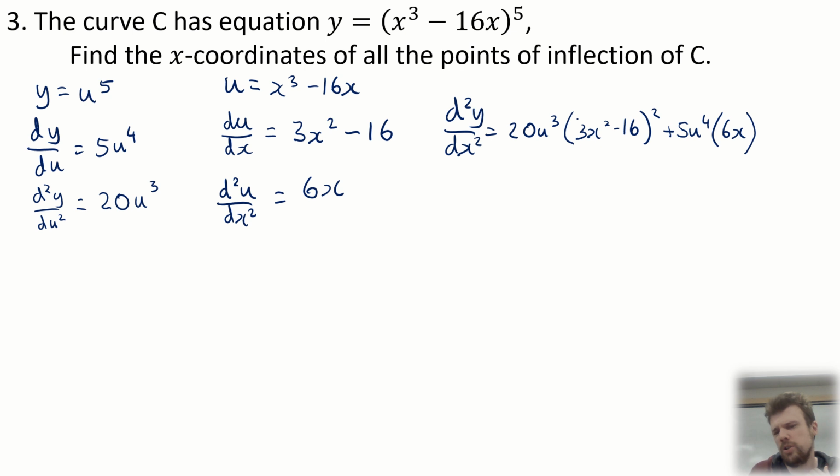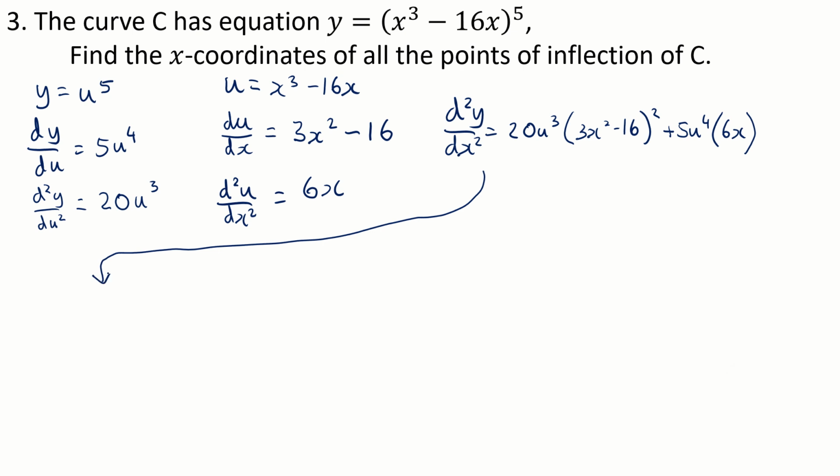Nice. So what you can do is gather that all together, replace the u's, all that sort of stuff. If you were to do that, let's move ourselves down here.